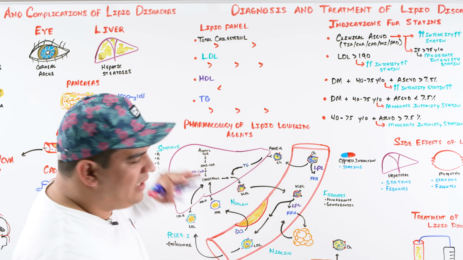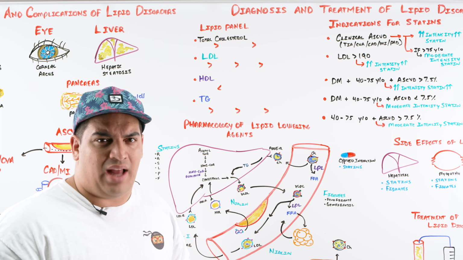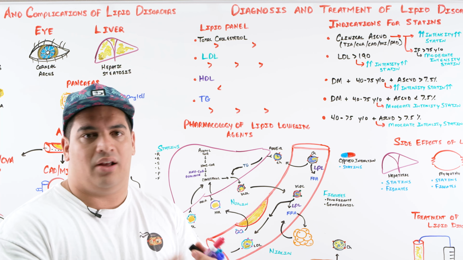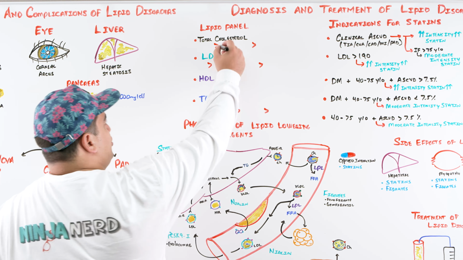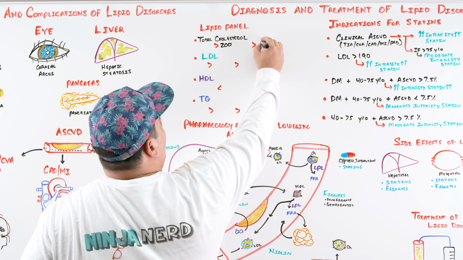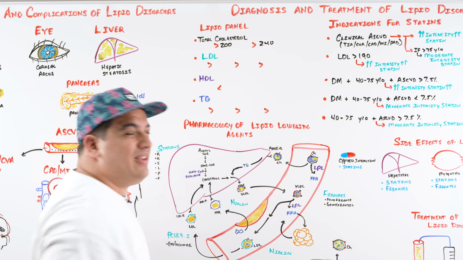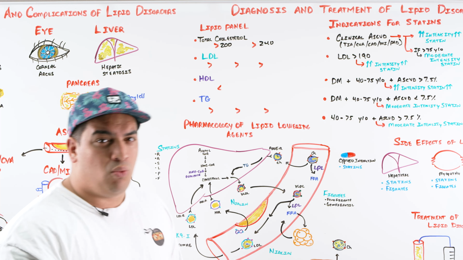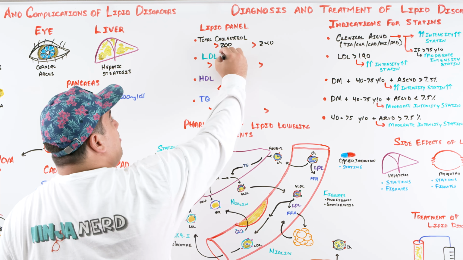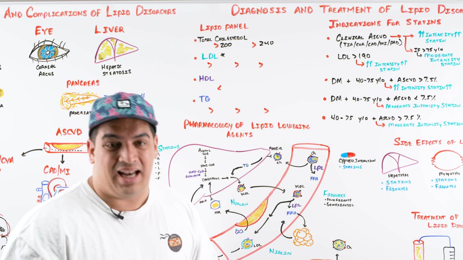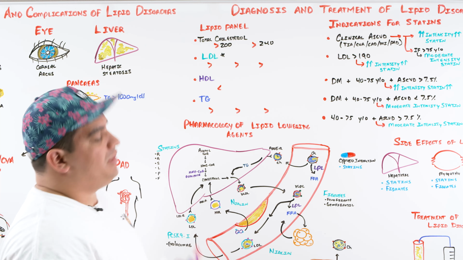And so when we take a lipid panel, what are the numbers that should actually concern us? Well, total cholesterol, again, that takes into consideration LDL, VLDL, HDL. Whenever the total cholesterol is greater than 200 milligrams per dL, that's slightly concerning. But whenever it's greater than 240, that's definitely very high and very concerning. I would say one of the most important ones, and it's the most specific one because it's the one that we look at as the most remarkable one, the one that causes a lot of the pathology, is LDL.